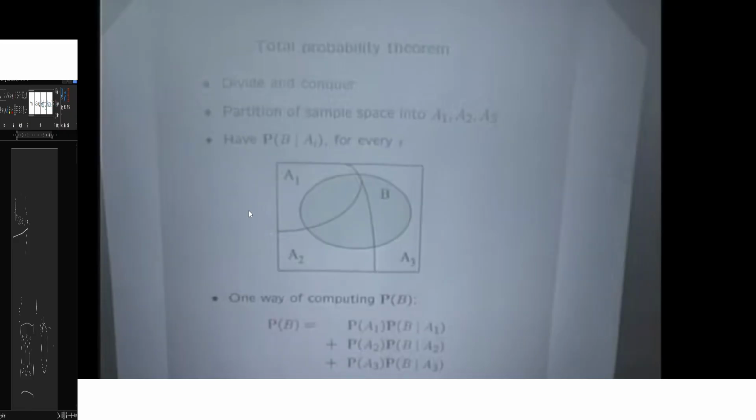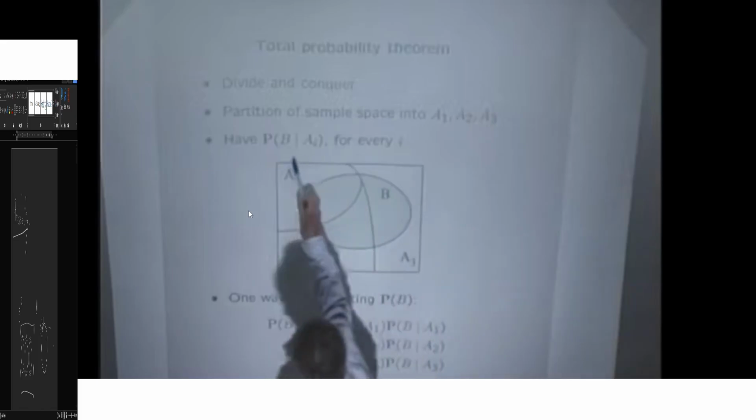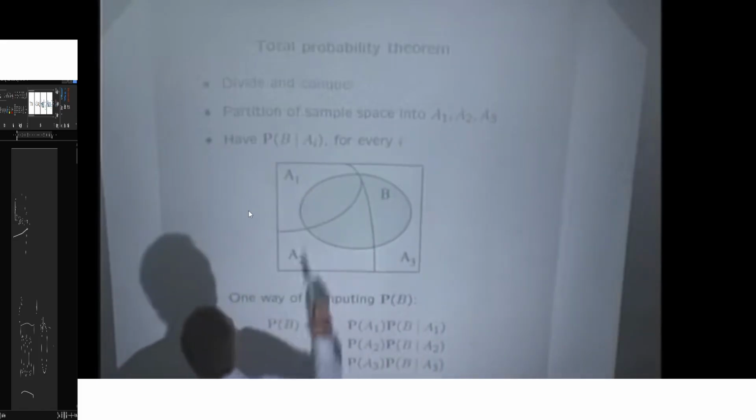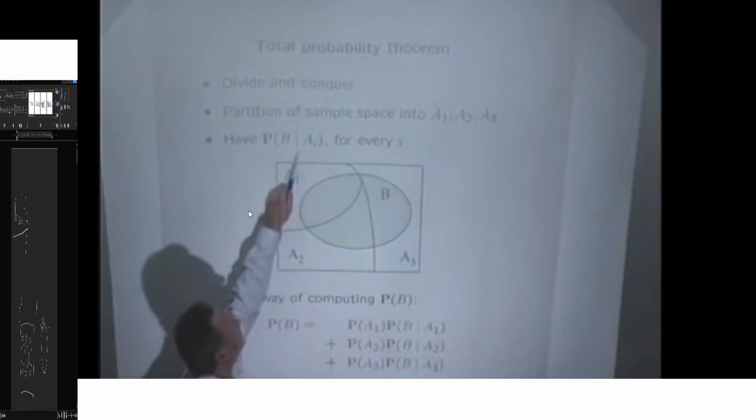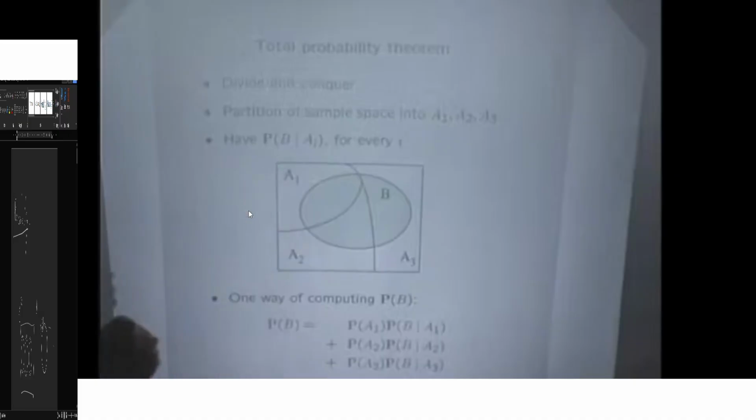We specify this model by giving probabilities for the Ai's. That's the probability of the different scenarios. And somebody also gives us the probabilities that this event B is going to occur, given that the ith scenario has occurred. Think of the Ai's as scenarios.